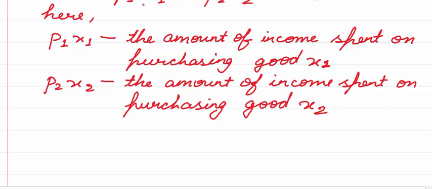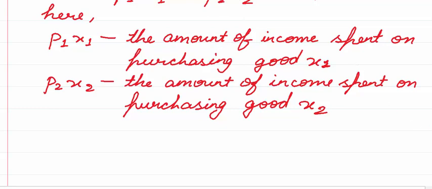Here it says P1x1 plus P2x2 is either less than or equal to the income of the consumer. The budget constraint always says that the total spending on both the goods must be either less than or equal to the income of the consumer, because a consumer can never spend more than his income, because he does not have that much money to spend on consuming both these goods.